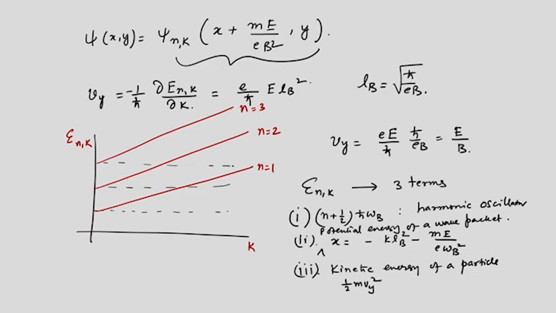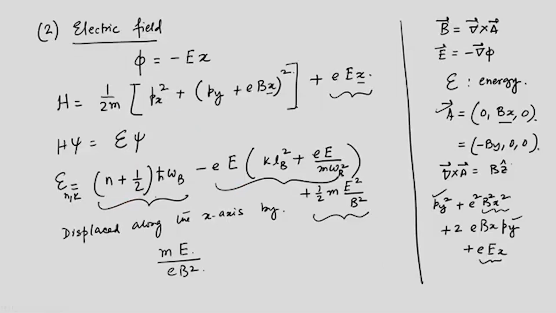If you see this, this is the usual harmonic oscillator energy. This is like a wave packet that is localized because this is like a length. So electric field into charge into some distance will give rise to the potential energy of a wave packet, and this is the particle moving in the y direction.